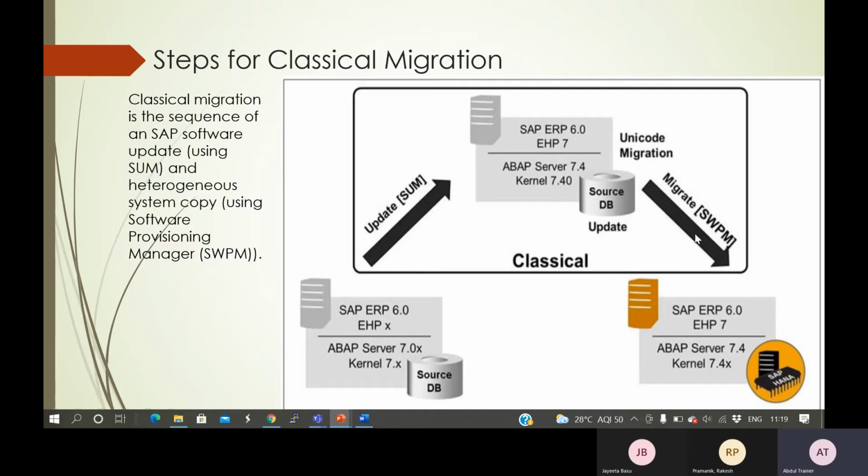Another downtime is required, as you are migrating from Oracle to HANA. So you require one downtime, two downtimes, and three downtimes. This is the classical approach, which is very long. You require multiple downtimes if you want to perform everything.